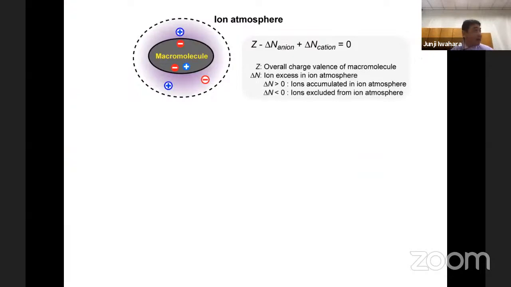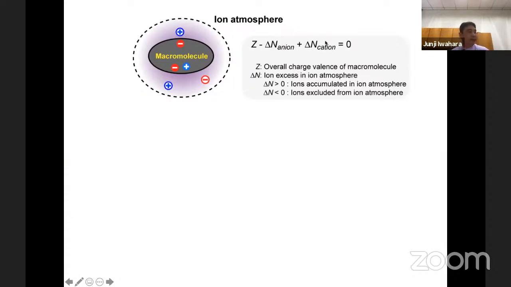Okay, I should first introduce the concept of ion atmosphere. The ion atmosphere is a zone where the ion densities are different from background. Here are two parameters, delta N anion and delta N cations, parameters called ion excess.